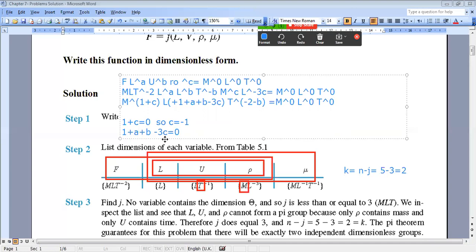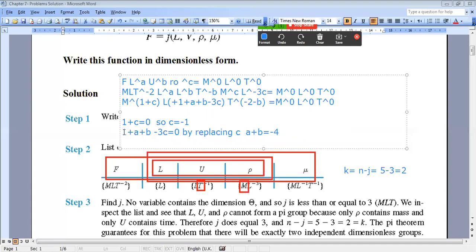Now if you replace C by minus 1, what do I get? Minus minus 3 is plus 3, and here I have 1, so it's equal to plus 4. So A plus B should be equal to minus 4. Okay, this is my second equation. My third equation is for the coefficient of T.